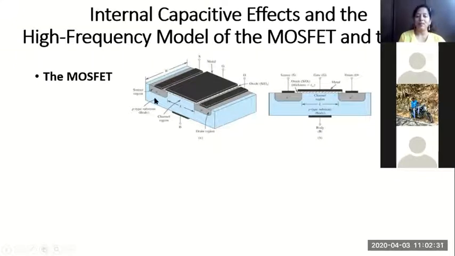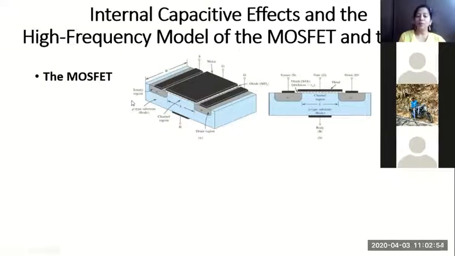Remember, a depletion layer is what? One type of immobile carriers. Say I have positive immobile carriers on the N side and negative immobile carriers on the P side. So it will be a collection of charges on two sides with a small gap in between, separated, and that is acting like a parallel plate capacitor.